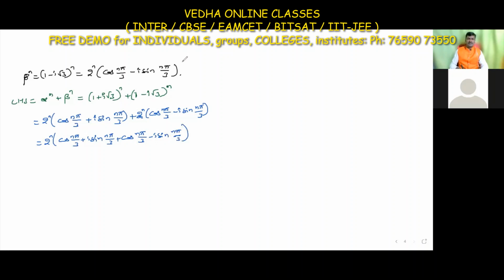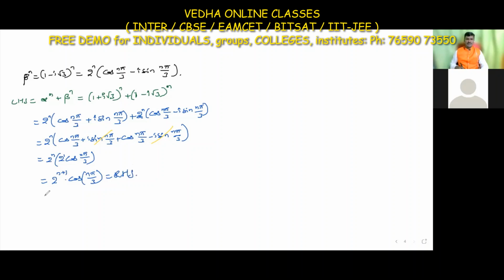Here i sin n pi by 3 gets cancelled, and cos and cos becomes 2 cos. So 2 into cos n pi by 3. 2 power n and 2 power 1 becomes 2 to the power n plus 1 into cos n pi by 3. This is the required RHS.